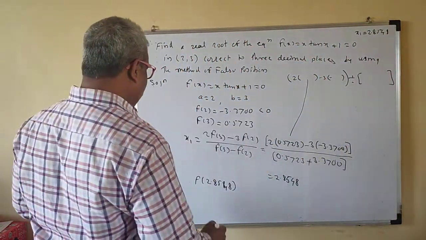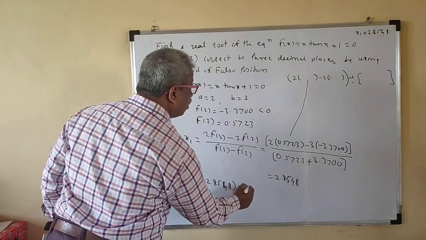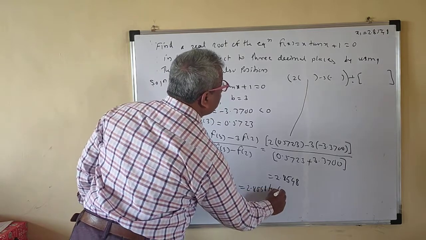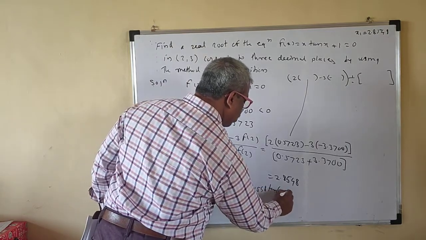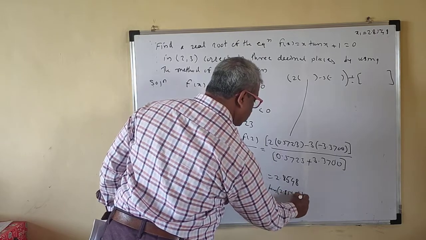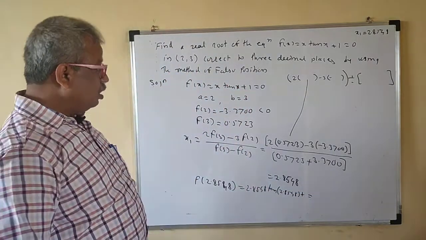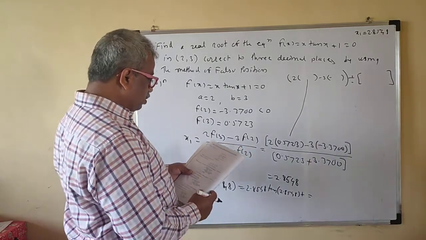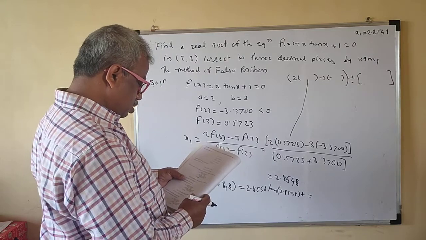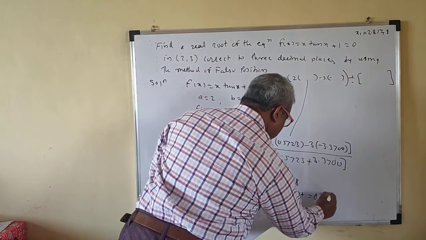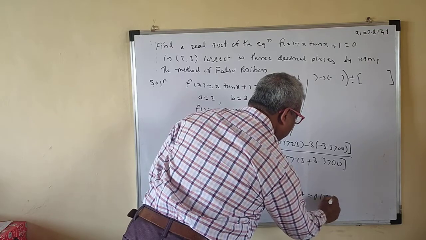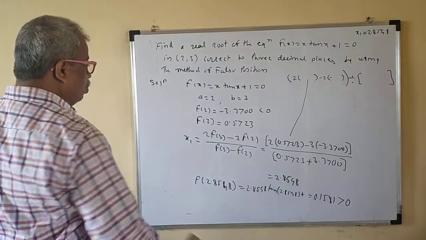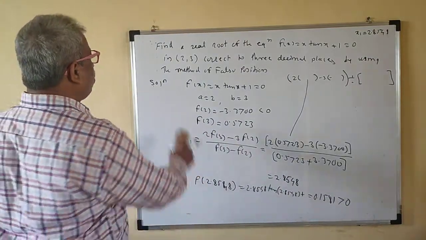Now we'll find the value of this: 2.8548 tan of 2.8548, then plus 1, and I got this value as 0.1581. So this is greater than 0. Now which one was less than 0? F of 2 was less than 0.